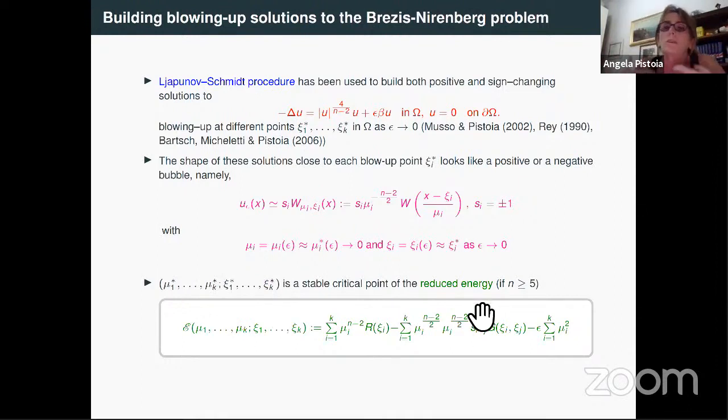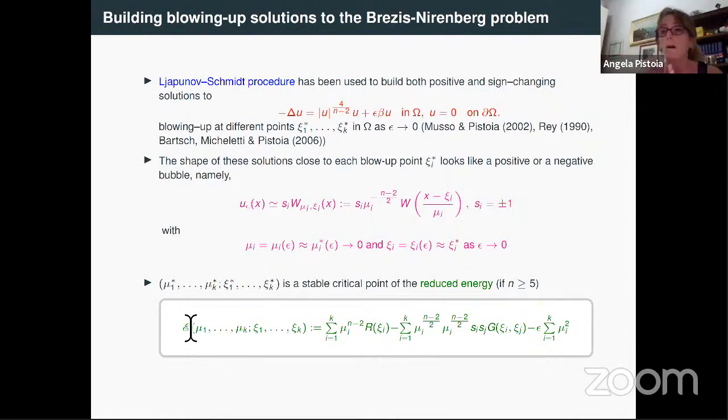as soon as you have a stable critical point of the so-called reduced energy, which is nothing but this function, this Green's function in the gray box. Okay, this is a function which depends on k parameters, mu_1 to mu_k, which are positive parameters, which correspond to the concentration parameters of the bubbles.